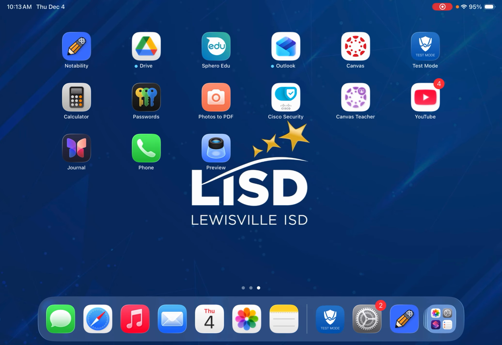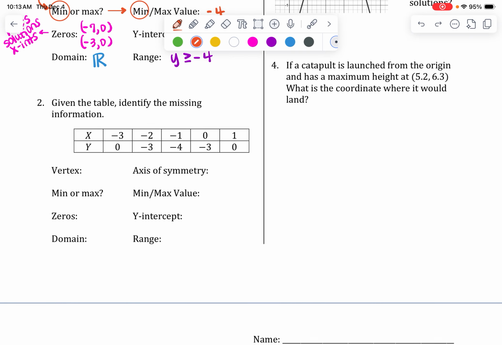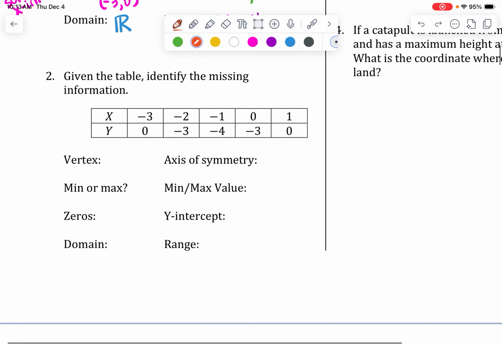All right, I'm gonna go back here and talk about how to find all these answers without needing the graph, but again, that's an option if you want it. So remember the vertex is the very middle of the graph. So you're looking for the y value, right? That is the center of, hold on, let me change colors, sorry.